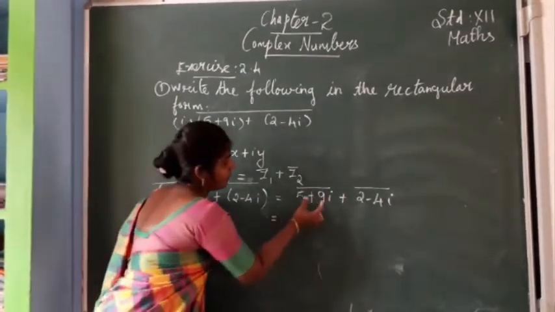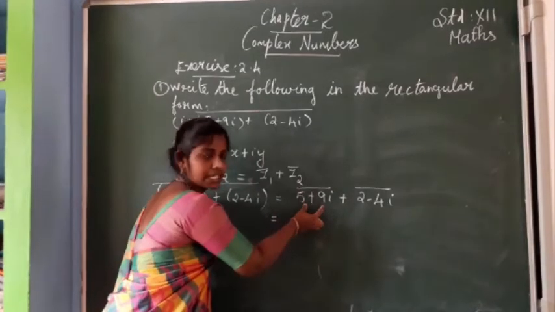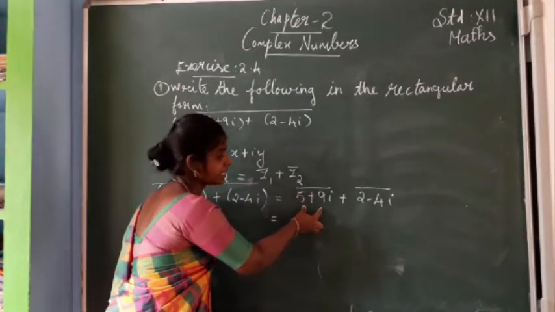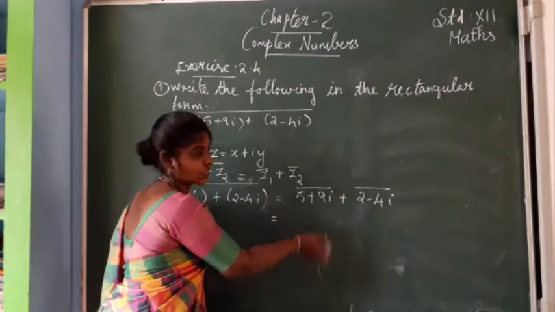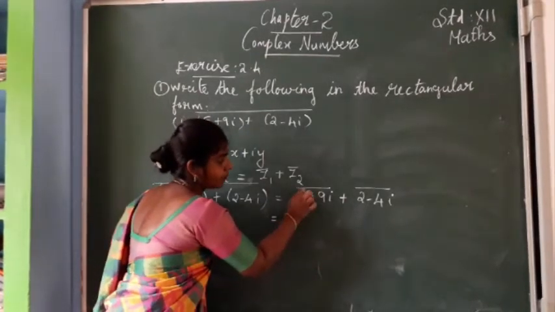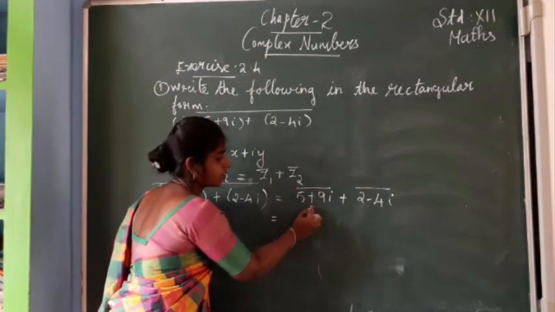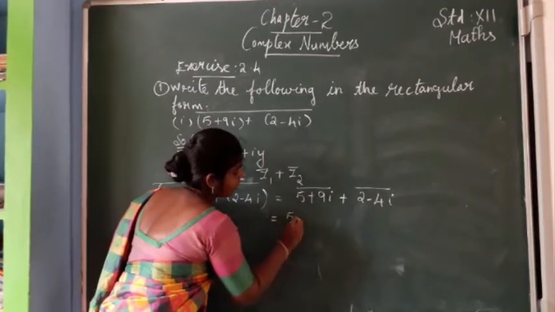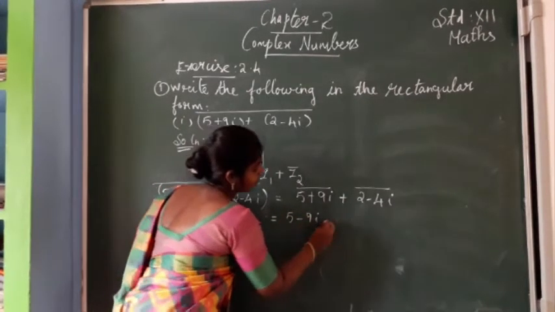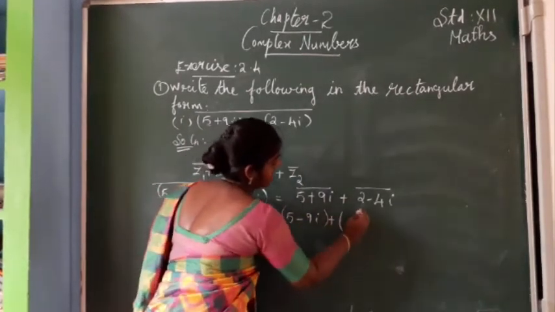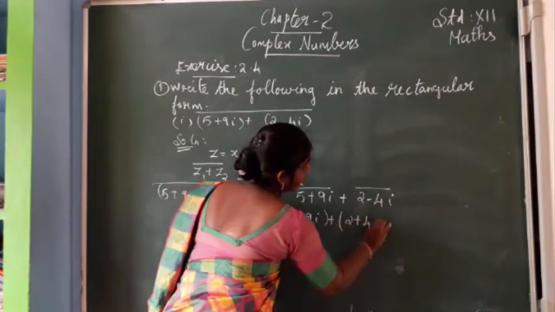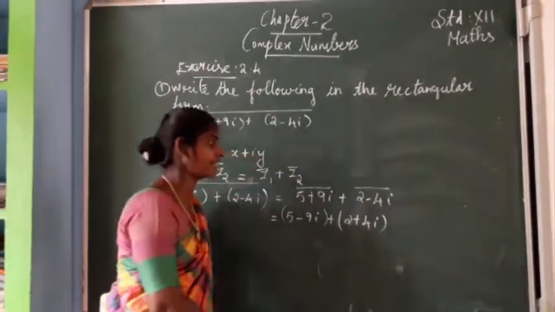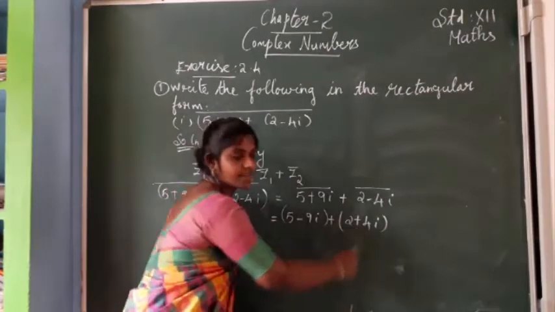So you have the formula. The whole bar means take the conjugate. So you have to take the conjugate here: 5 minus 9i plus 2 plus 4i. The conjugate of 2 minus 4i is 2 plus 4i.